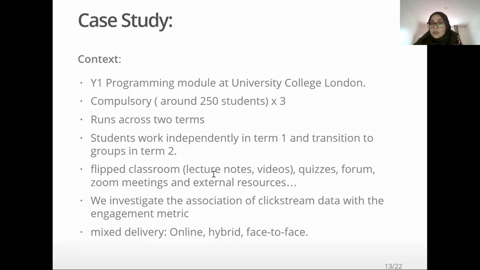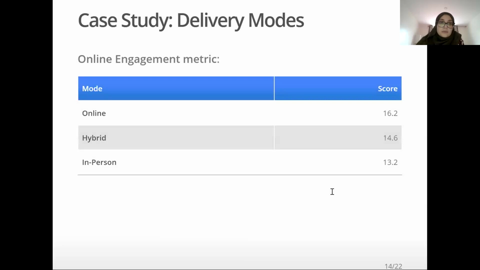We have lecture notes in a flipped classroom model. We have videos, quizzes, forums, group work, and also external resources that are available. Hopefully this case study will allow us to test the generalizability of the metric and its ability to capture meaningful variations in engagement over time and across the delivery modes.